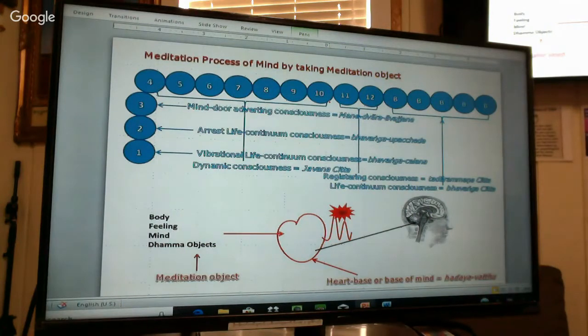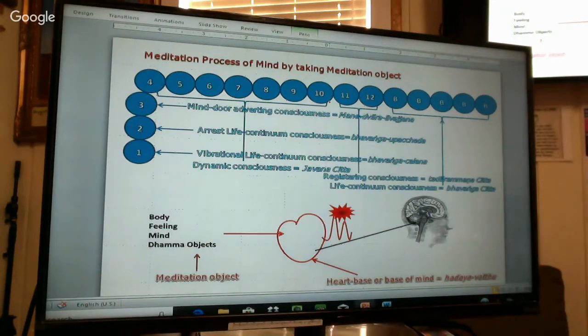But number 3 to number 10 are very, very powerful. Number 3, the mind-door adverting consciousness, directs your mind to the object, the Patibhaga Nimitta. So they are working, number 3 to number 10. Their object is the Patibhaga Nimitta, working again and again.